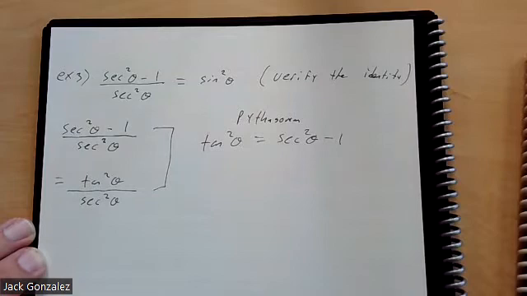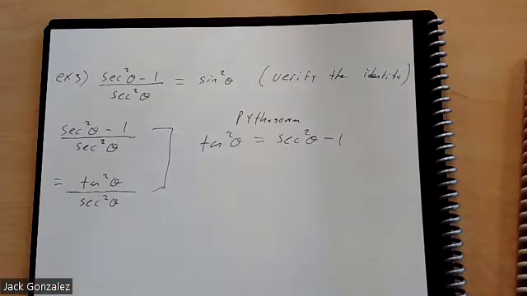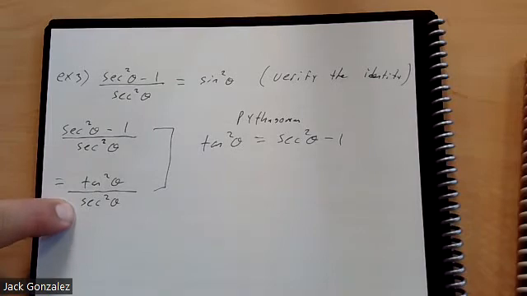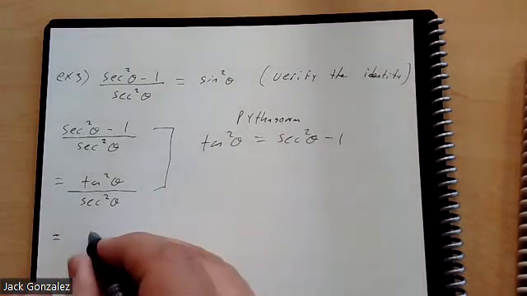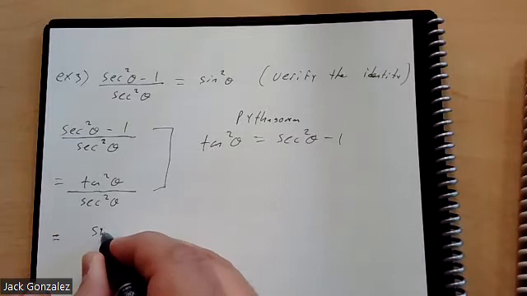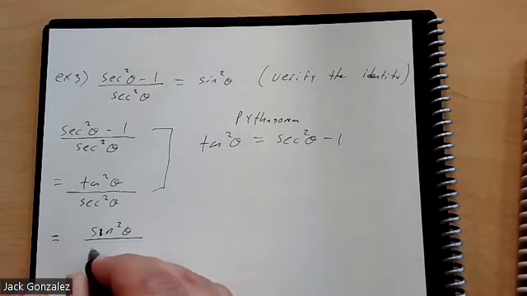Now, when I see these, I know tangent is sine over cosine, right? And this is 1 over cosine. So we have two fractions. So if we change them to fractions, we can multiply and hope something cancels. So my idea at this point is change the tangent and change the secant.